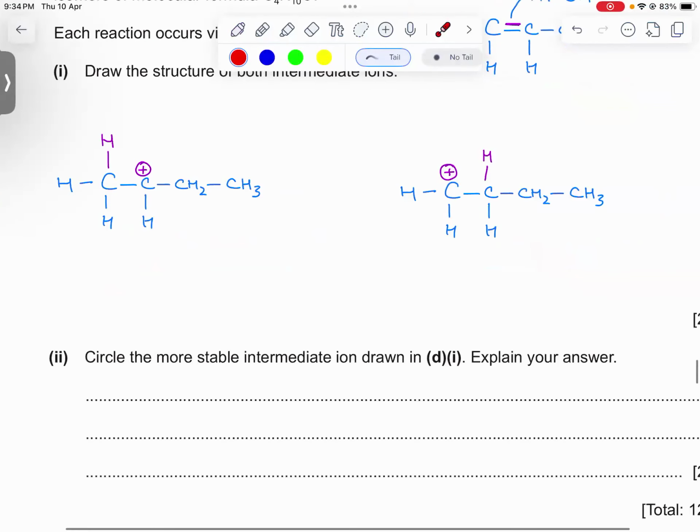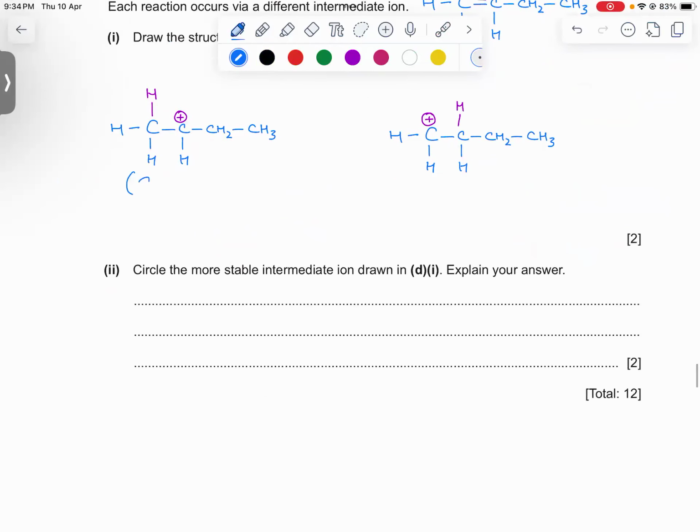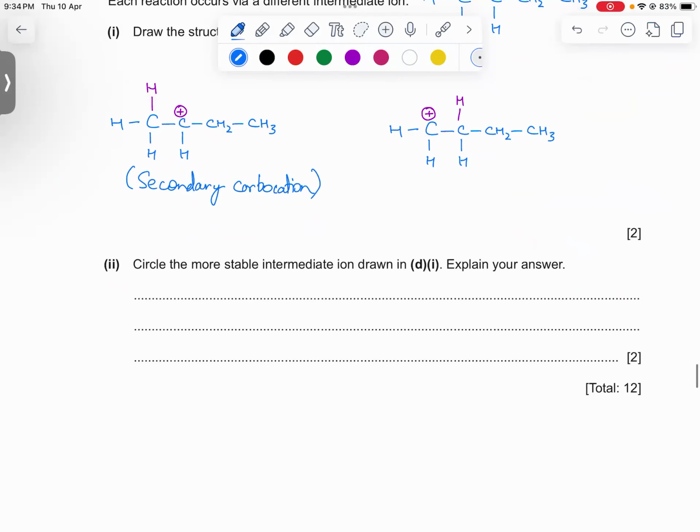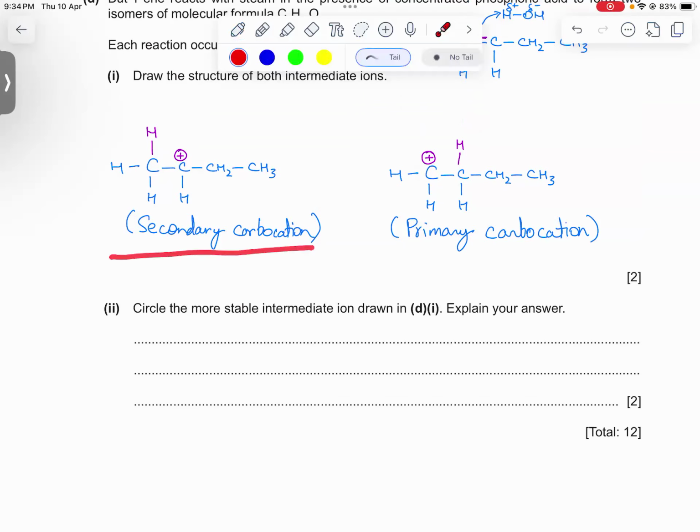You can see clearly that this is a secondary carbocation, and this is a primary carbocation.